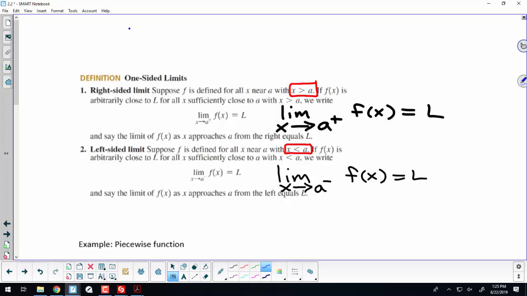Like when you saw these weird functions like this. Remember those? Functions that have restricted domains, like the square root of x function, are a good one.